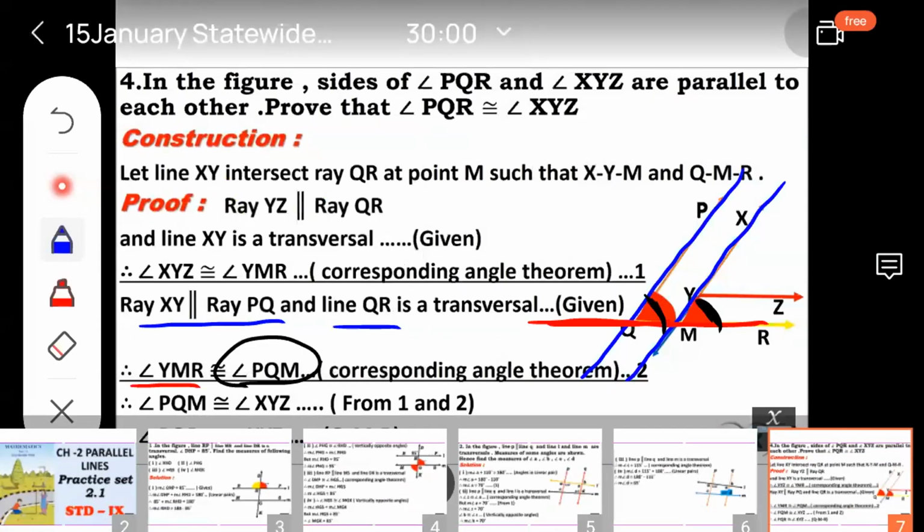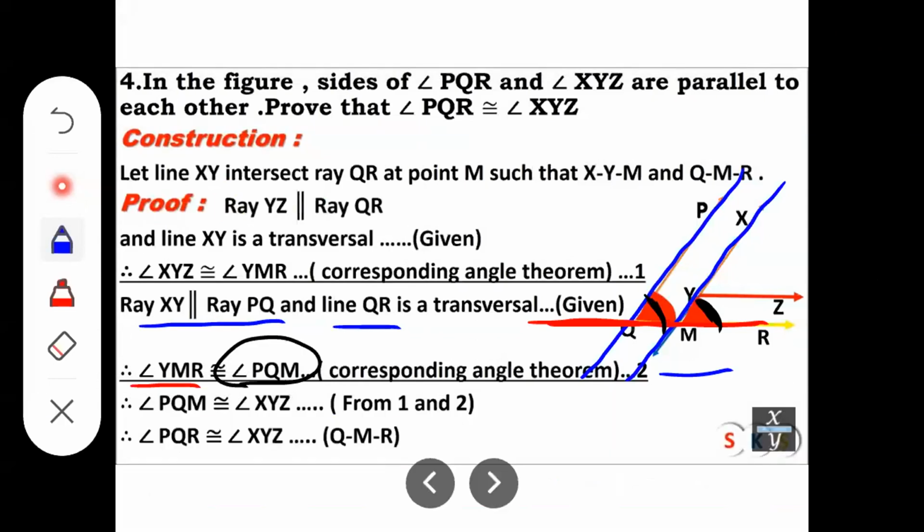That is equation 2. This is equation 1. Now, see equation 1 and 2 carefully. In equation 1, the angle YMR, and here is also angle YMR.